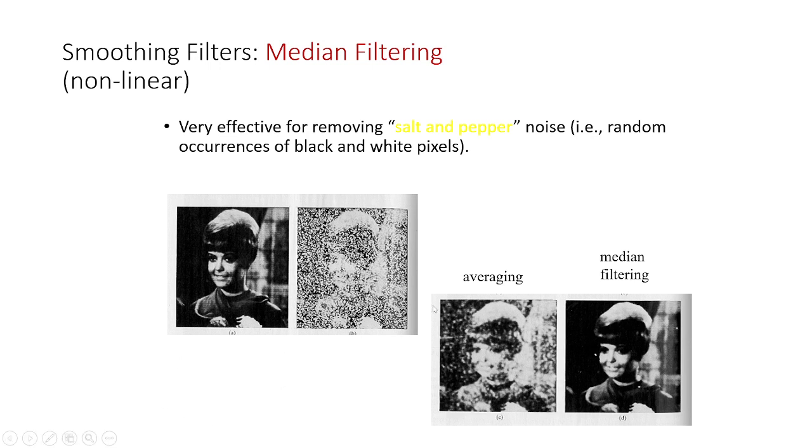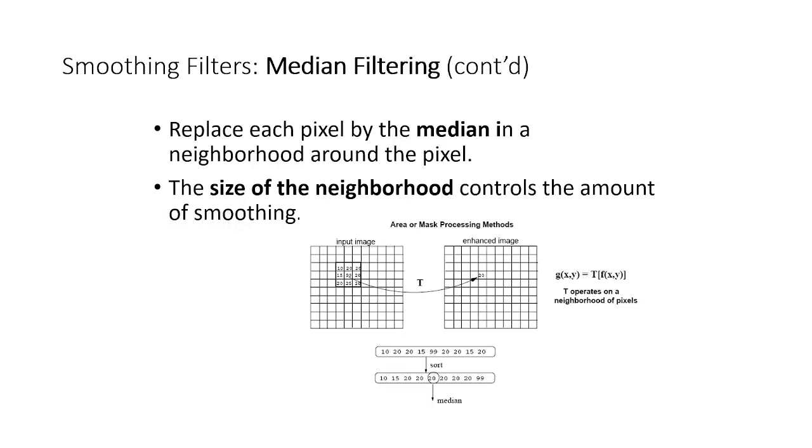So averaging is done like this, and median filtering would occur like this. It replaces each pixel by the median value. So sort the values and then find the median value here.